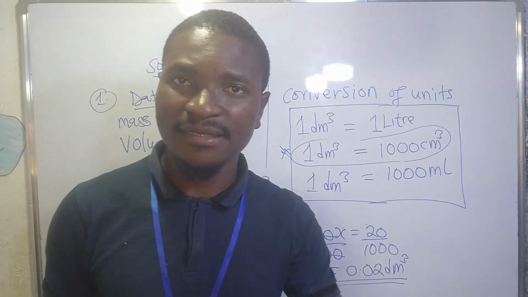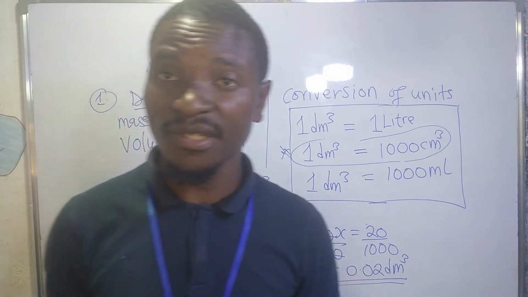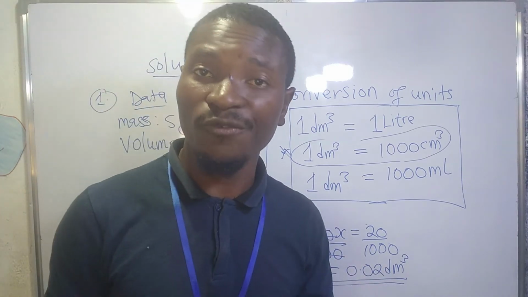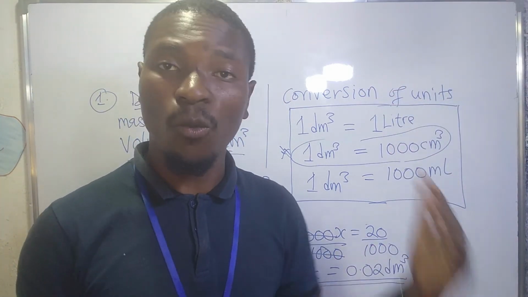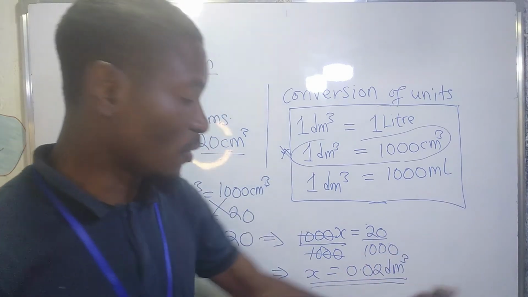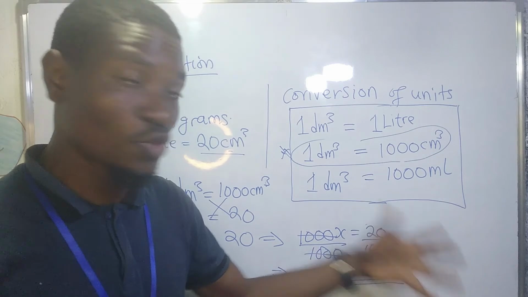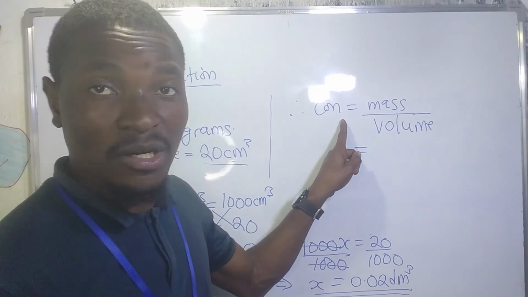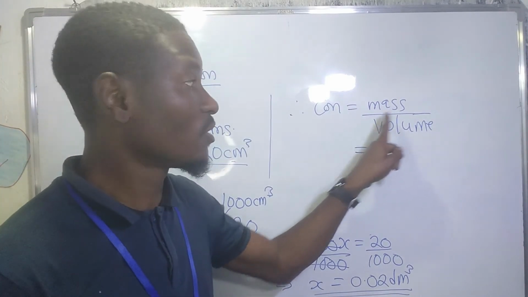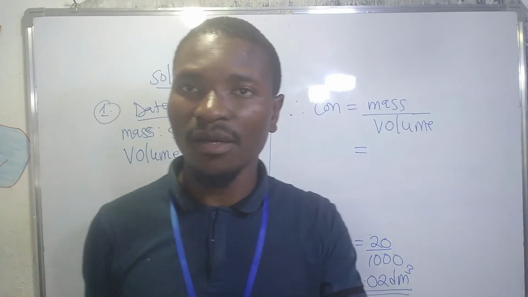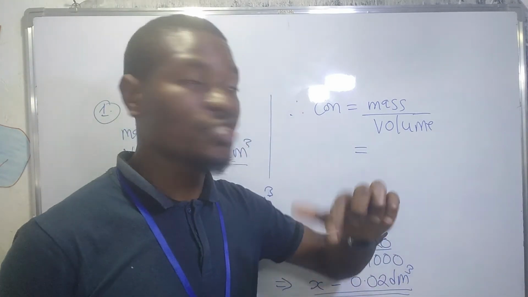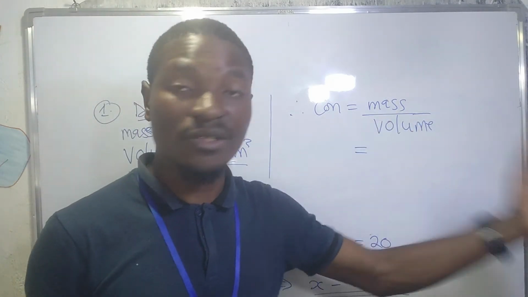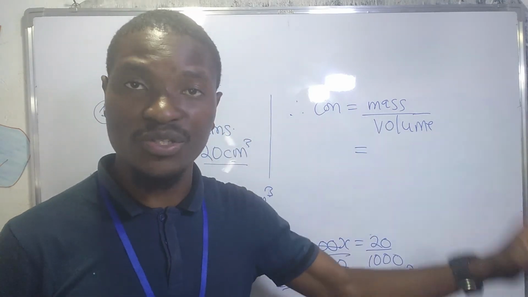So what we have just done is convert the units into cubic decimeters. Now we can go back to the question and find the final answer: what is the concentration? We use the volume of 0.02 cubic decimeters and the formula concentration equals mass over volume. By the way, this is just the handwritten short form of concentration.